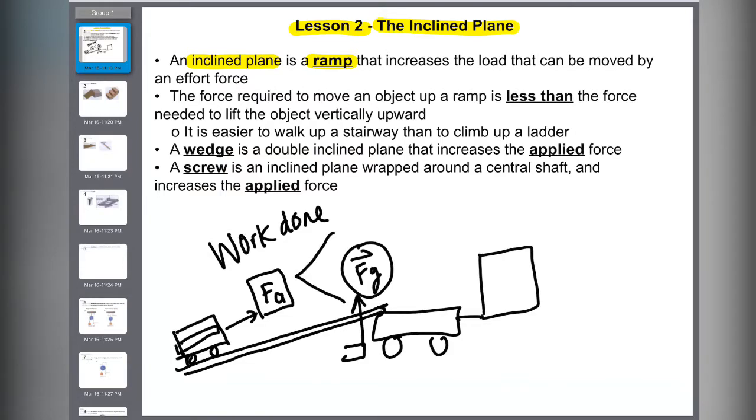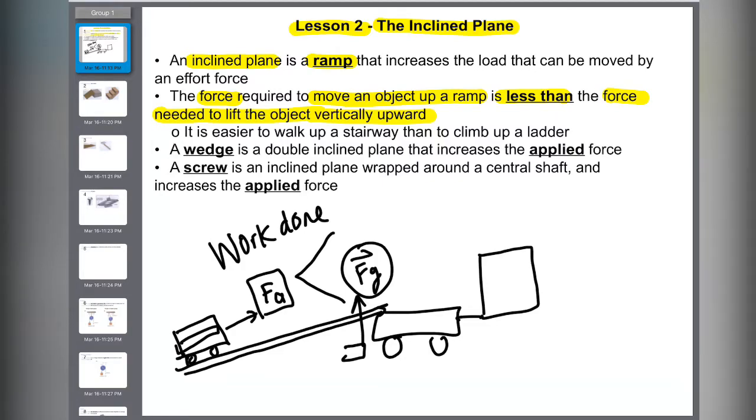The force to lift it up would be a lot bigger than the force you need to push it up the ramp. So the force required to move an object up the ramp is less than the force needed to lift the object vertically upwards. And that's what machines are useful for.